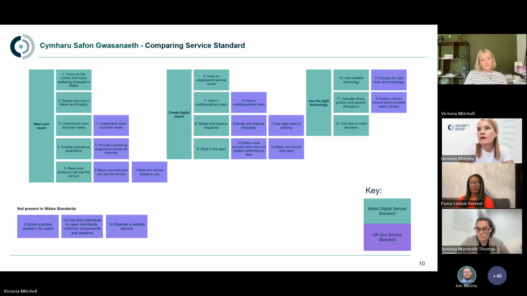So there are 3 significant areas that are covered in the UK standard but don't appear in the Wales standard, and they're down here on the left-hand side in the purple boxes.